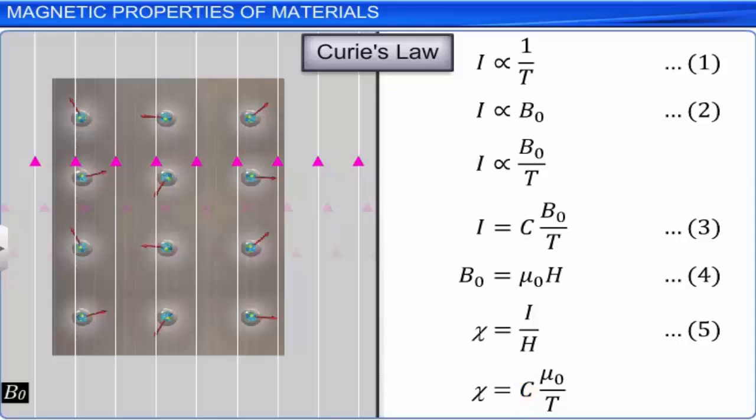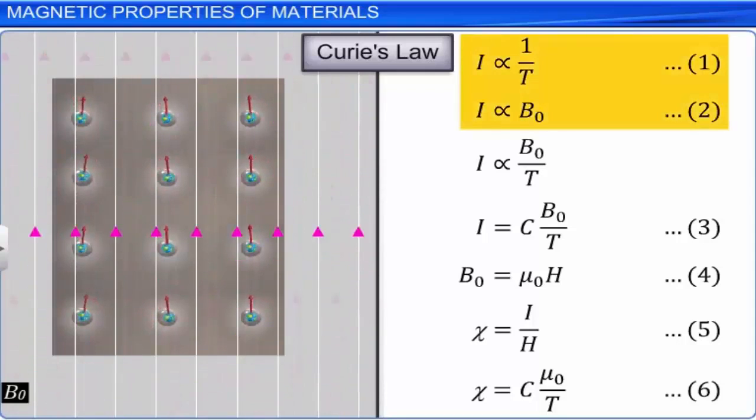Thus, the magnetic susceptibility chi depends on the nature and the temperature of the material. Since the magnetization of a material is directly proportional to the applied magnetic field induction and inversely proportional to its absolute temperature, the magnetization of a material increases up to a certain level by increasing the magnetic field and decreasing the temperature.